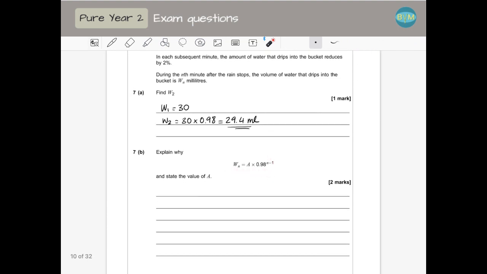Then explain why this happens and state the value of A. So this is going to be a geometric sequence because we are going to multiply by 0.98 all the time.